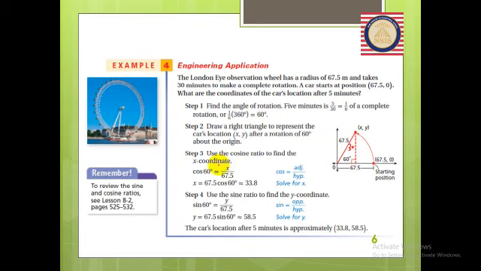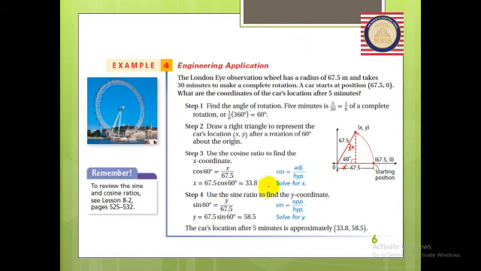I'm going to use the cosine ratio to find the x coordinate. Cosine 60 equals adjacent over hypotenuse. The adjacent is the part I don't know, which is x, over the hypotenuse.